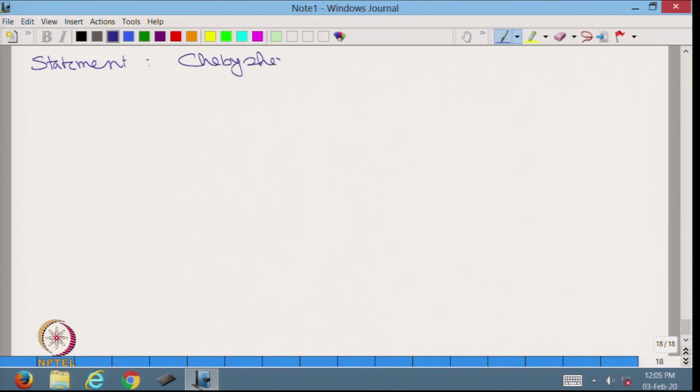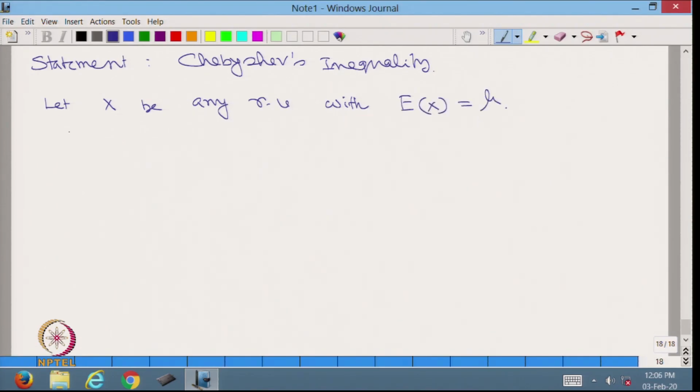So, here is the theorem of Chebyshev's inequality. Let x be any random variable with expectation of x is equal to mu, and let C be any real number.